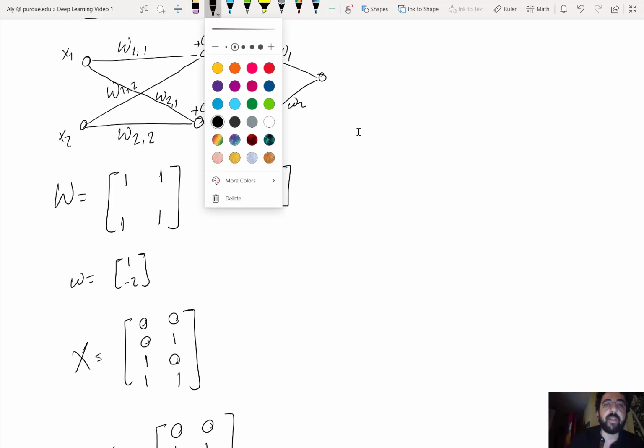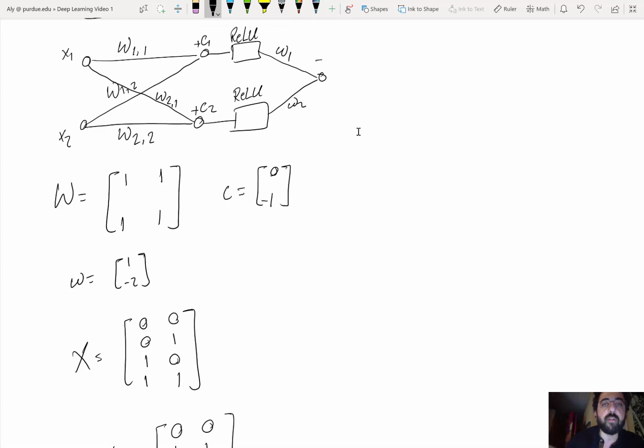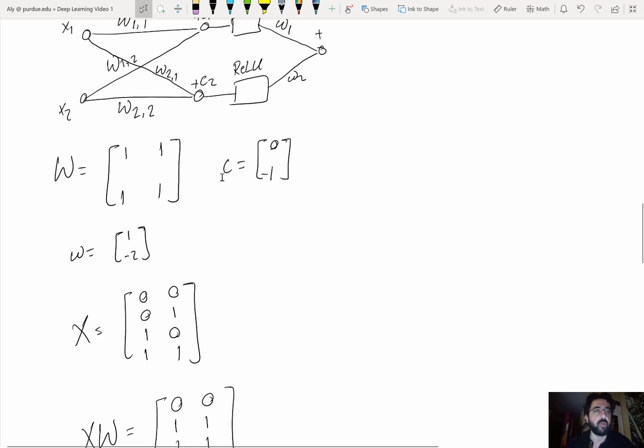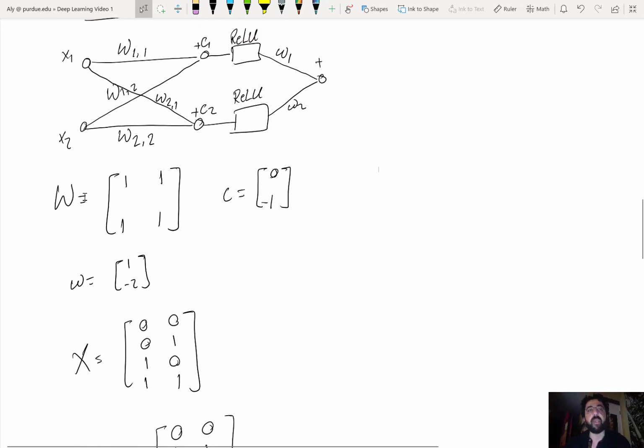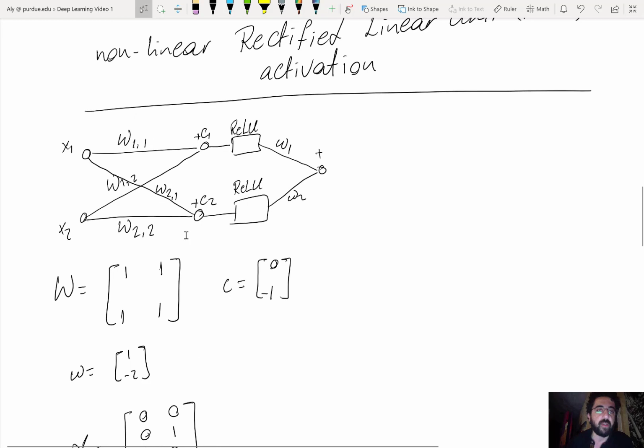So let's see what choices for W are considered for this solution. W is the matrix consisting of W11, W12, W21, and W22, and this matrix is all ones in the solution we are considering.